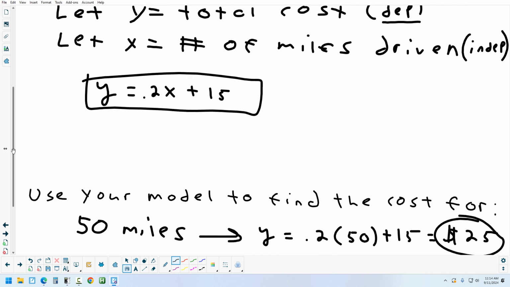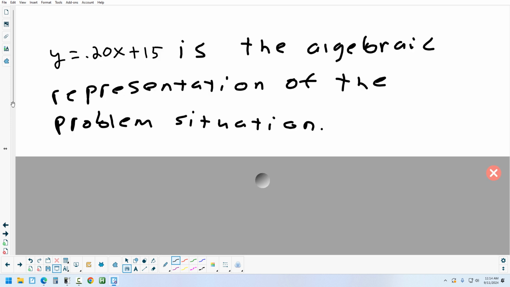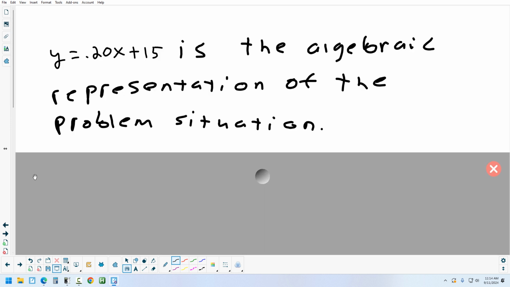That equation, 0.2x plus 15, or 0.20x, same thing, is called the algebraic representation of our problem. If somebody were to walk in here right now and look at that equation on the board, because it's purely an algebraic representation, they would have no idea that this is about renting a car that costs 20 cents per mile and $15 upfront.